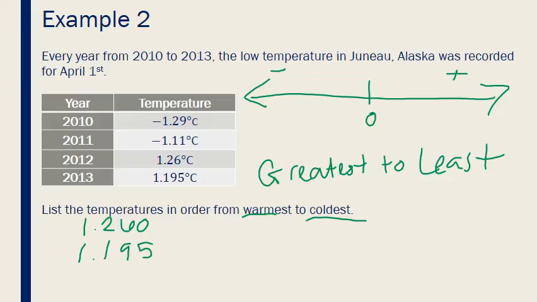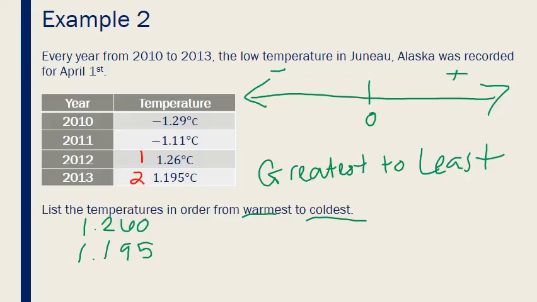Which one is greater? Good job. 1 and 260 thousandths is greater. And since I'm going from greatest to least, I know that that should be first. And then second, we know, since it's the only other positive there, 2013. Good job. Thank you. Go ahead and sit down.